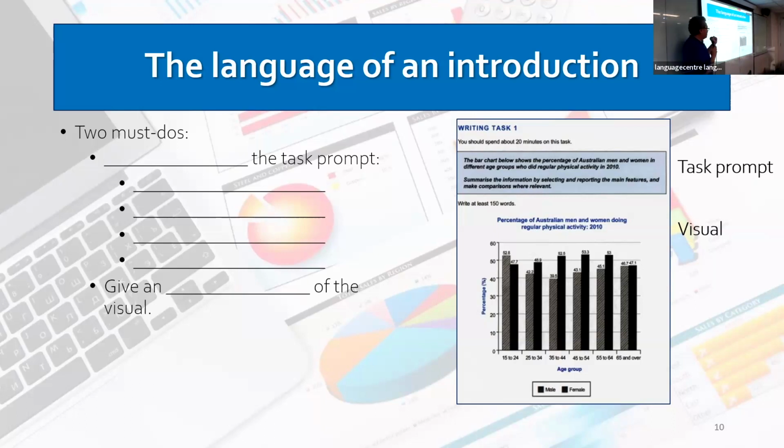It's very important because we don't want to write something that is not on the right track, right? We don't want to produce something that is off topic, right? So we need to study the task prompt carefully, and then we do one thing.